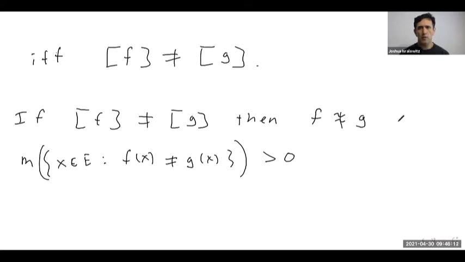These two are not equivalent, which is the same thing as saying this has positive measure. Equivalency, by definition, is that this set has measure 0.